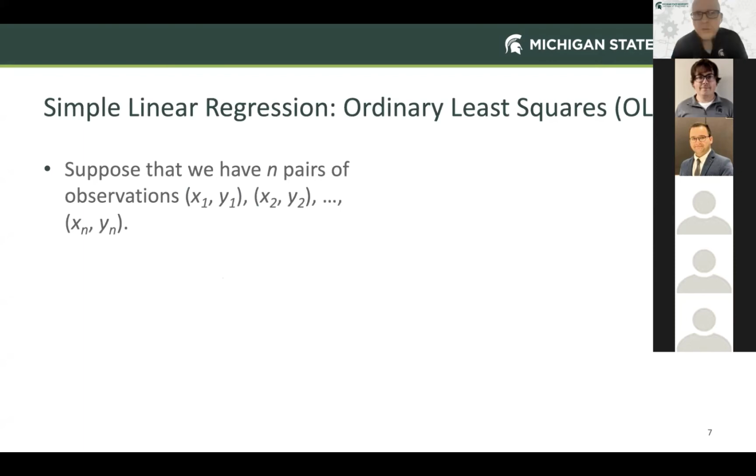And so the way we estimate this regression model is through a method that's referred to as ordinary least squares, okay? And hopefully this is review for many of you, but let's assume that we have n different pairs or groups of observations. So in each case, in our context, x would correspond to a rumble strip depth, and y would correspond to a noise level, and we're indexing each of these observations.